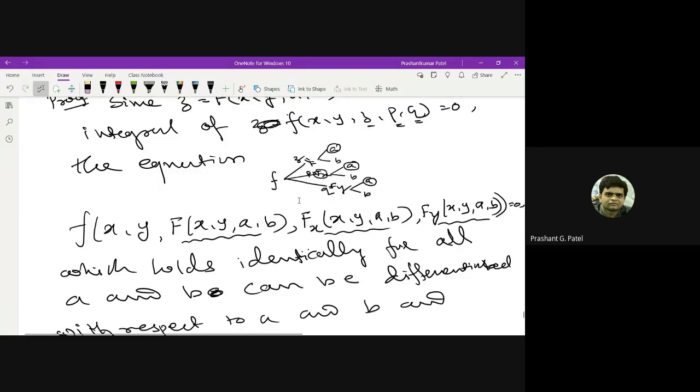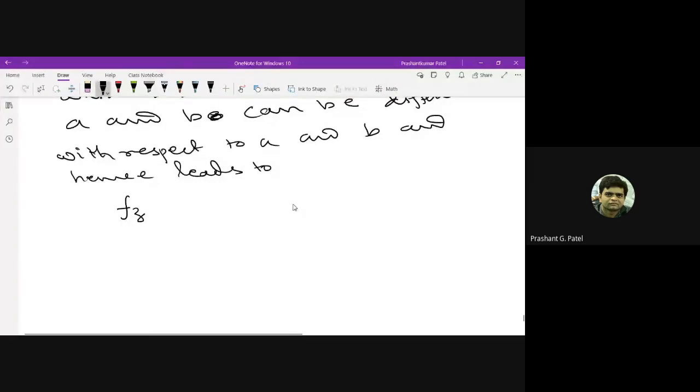So it is Fz into Fa plus Fp into Fxa plus Fq into Fya equal to 0.